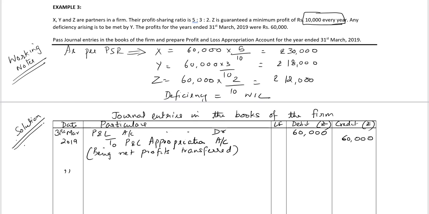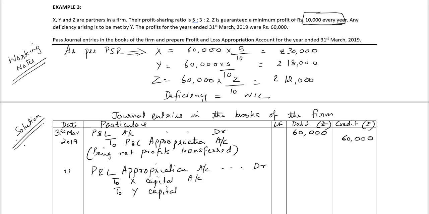The second journal entry, we'll distribute the profits in the profit sharing ratio. PL appropriation account debit to X capital account, to Y capital account and to Z capital account.